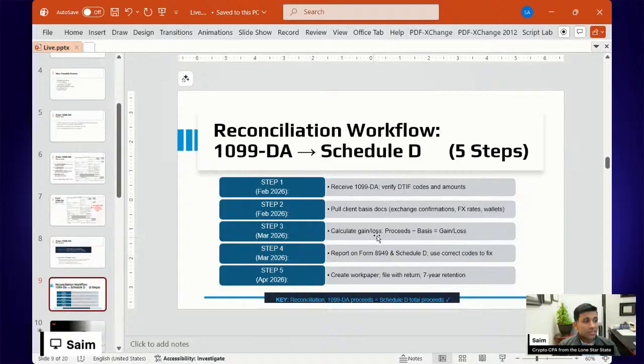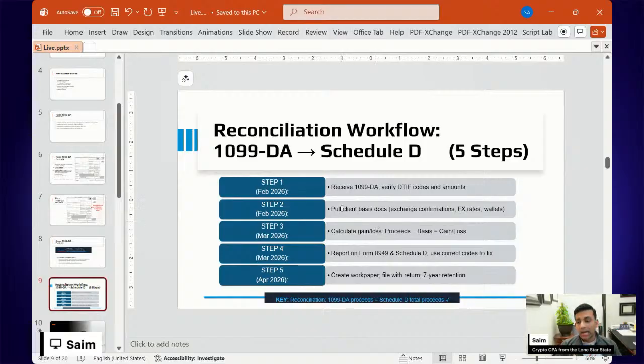So then, obviously, once you've done all the legwork and everything is properly in, it will go into Form 8949, and Form 8949 is part of Schedule D. That's where you would need to make any kind of adjustments to the 1099-DA, and Code B is the basis adjustment.